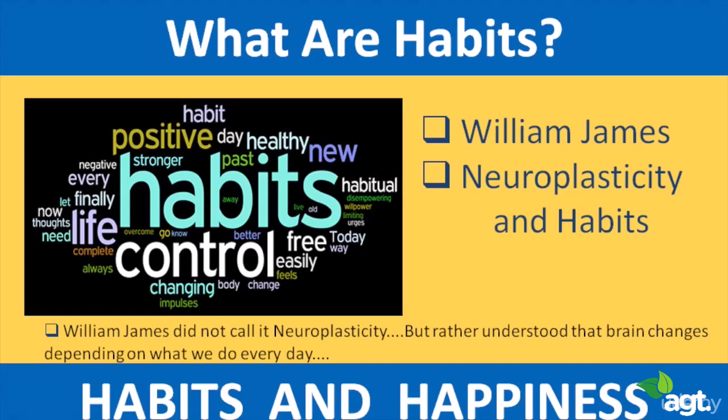But what happens is that it changes depending on what we do. So everything that we do every single day affects our brain. And that is extremely important research and knowledge to have, to know that everything you do, every single day, changes your brain.